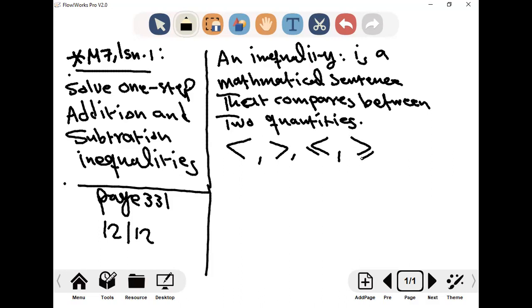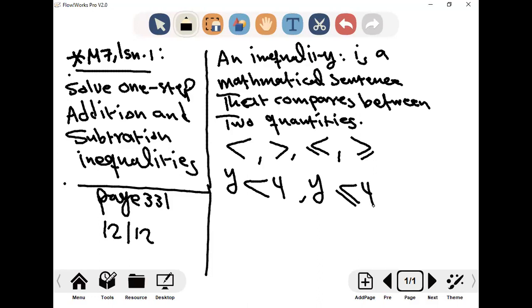For example, if I say y less than 4, we call it inequality. It means all the numbers that are less than 4. If I say y less than or equal 4, what does this mean?